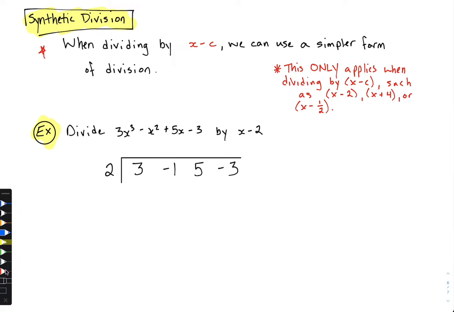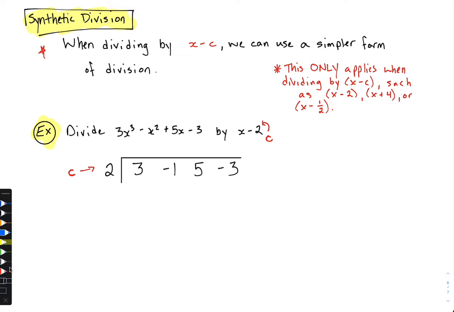The first thing is that this right here is our c value, and I want to make sure my c value ends up on the outside. Notice that it's always x minus c. So if we're dividing by x minus 2, it's a positive 2 that goes here, not a negative 2. Keep in mind that it's always the opposite of what we're dividing by.